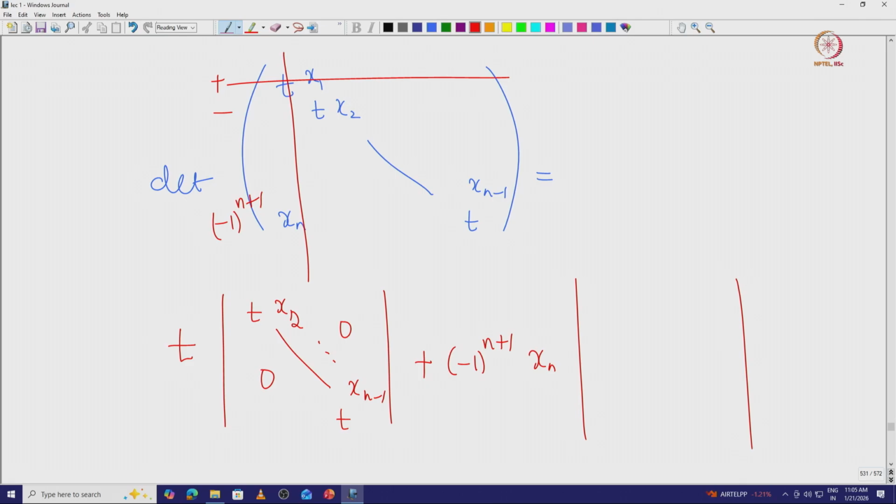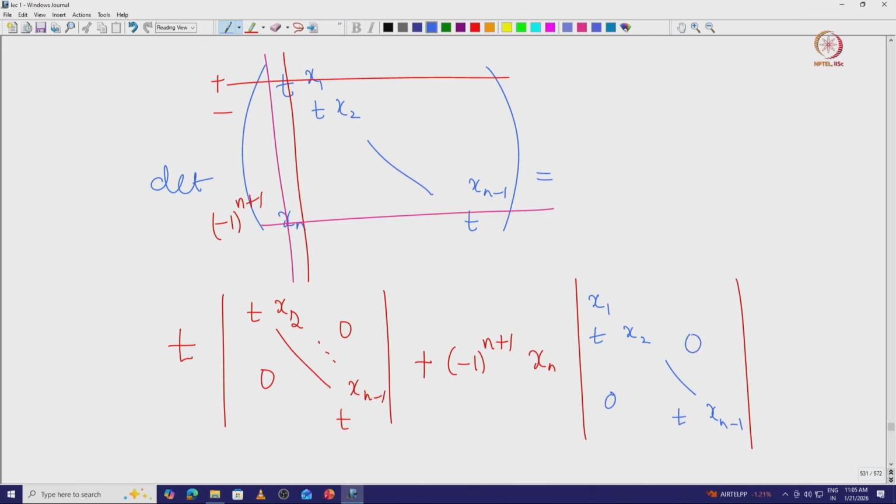So, you have to forget this and then this. So, then it will be the determinant of x1, x2, etc., x_{n-1} on the diagonal, and the t will appear here and 0 elsewhere.